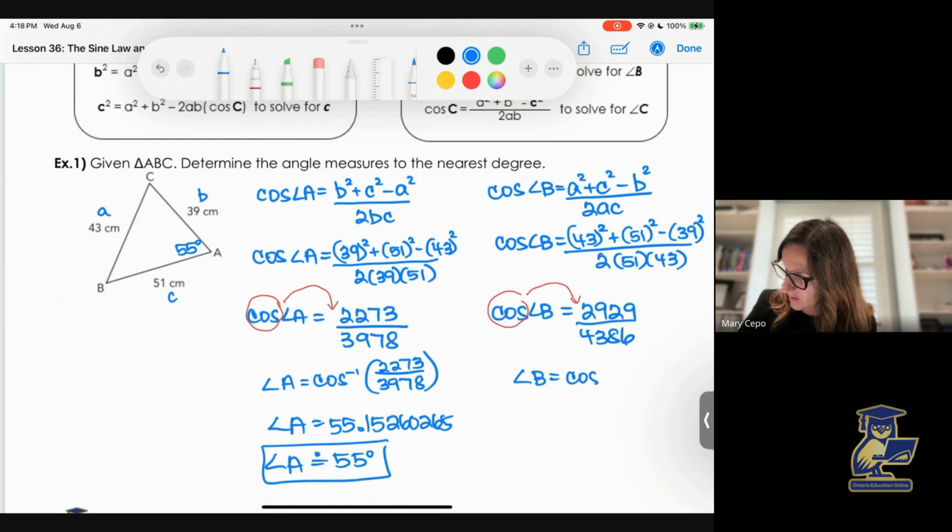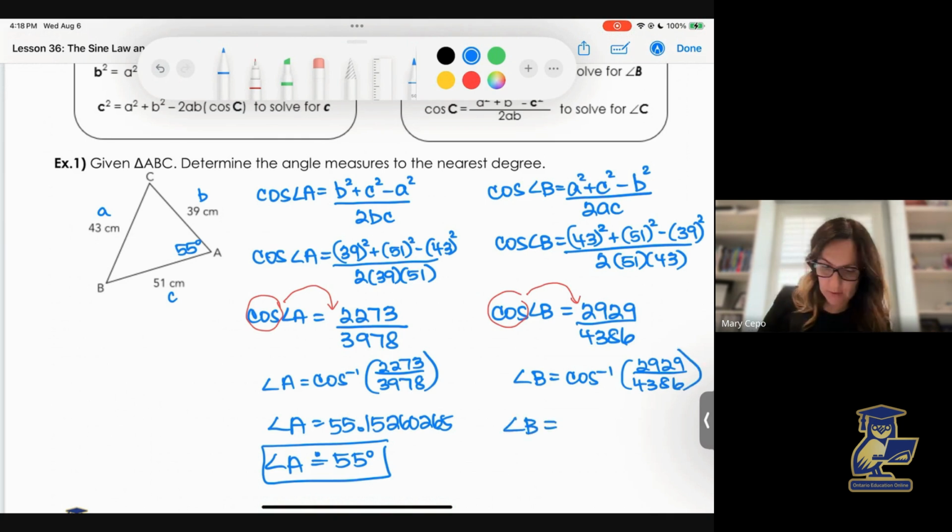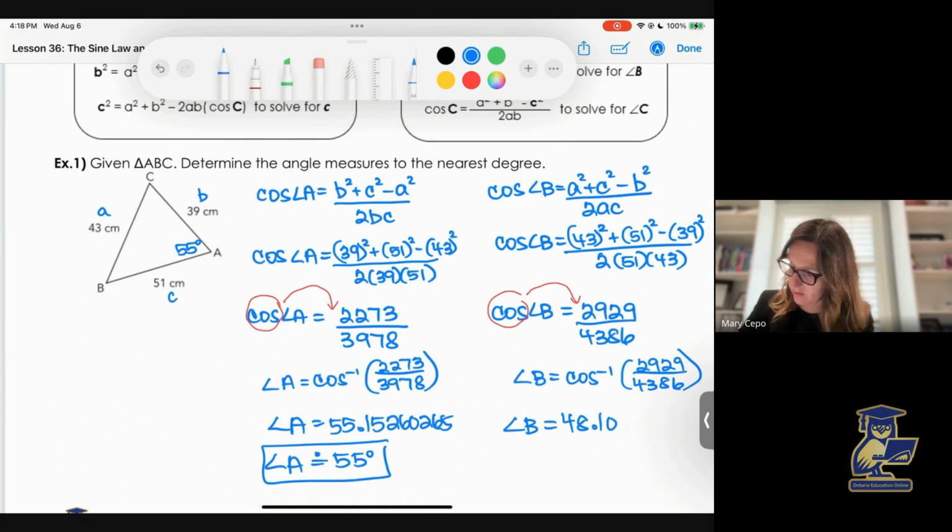The inverse cos, so angle B is equal to inverse cos of that, which would be about 48.10199355, which is about 48 degrees. Don't forget the units as well.